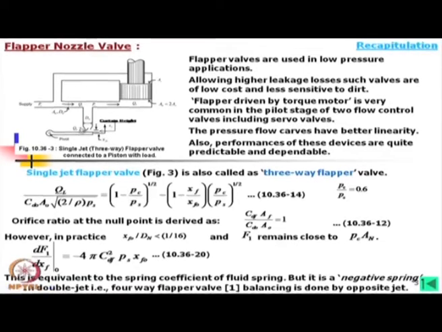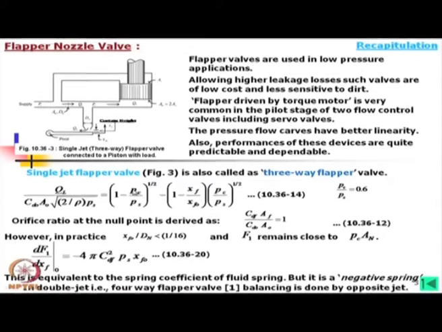So, how is it controlled? In case of a single flapper jet, we usually use a spring here in the opposite direction, but if we use the double jet, in that case on the opposite side there is also a nozzle. So, we can control the flow from both sides, and this balancing problem will not be there.